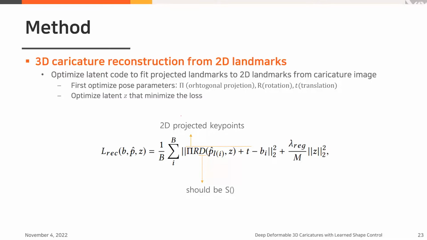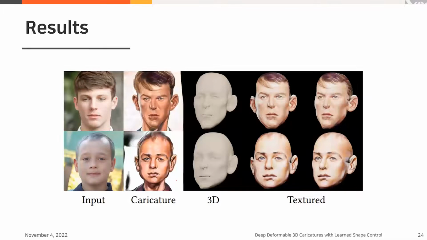And for caricature reconstruction from 2D landmarks, this is an additional thing you can do with this morphable model. Given a 2D image, you can fit the morphable model based on the 2D landmarks of the caricature.